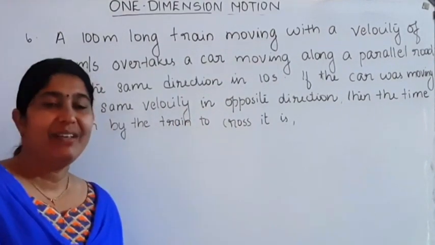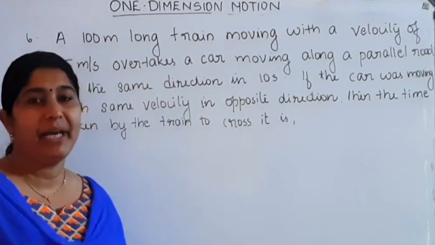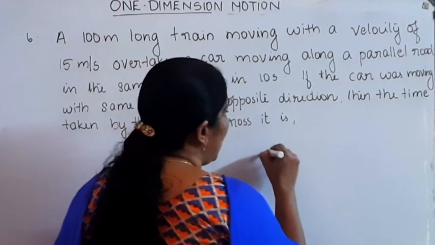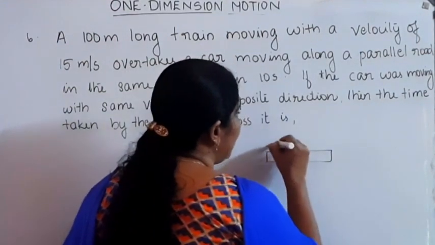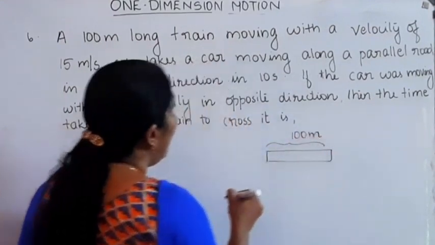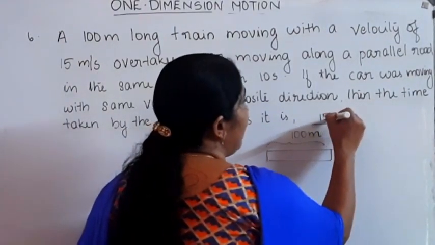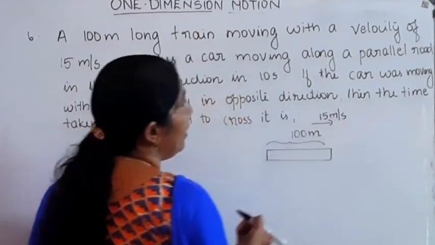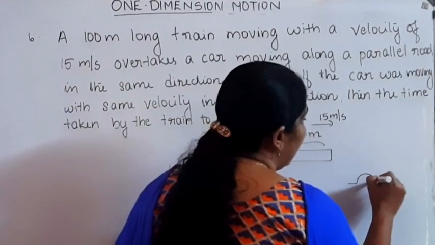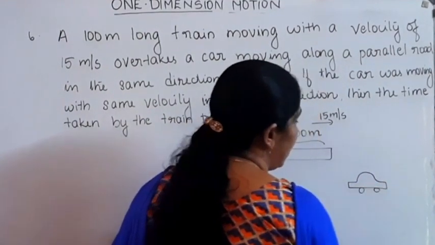In this question, the train and the car are moving in a parallel manner. The train is having a length equal to 100 meter, moving with a velocity of 15 meter per second, and the size of the car is negligibly small compared with the train.